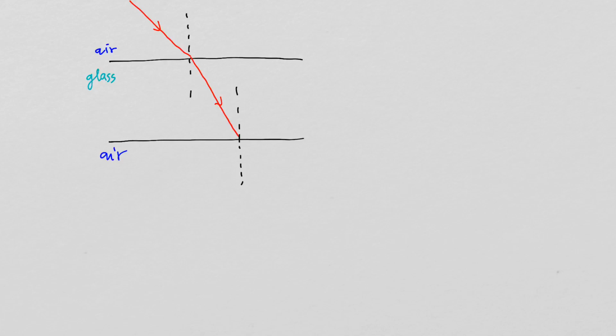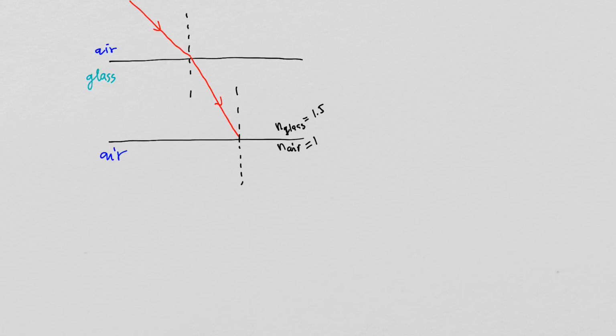So I draw another normal at the interface between the glass and the air after that. And now the index of refraction of glass is larger than the index of refraction of air. And so that means, actually let's put the values here just for reference. Glass is equal to 1.5 on average, and air is equal to 1.